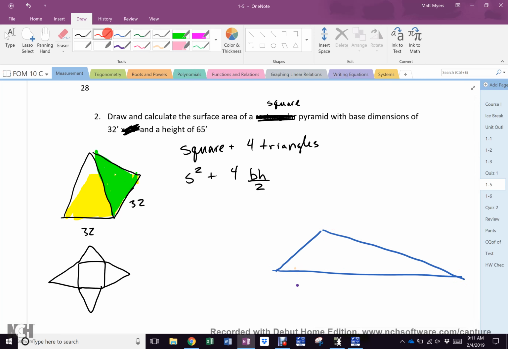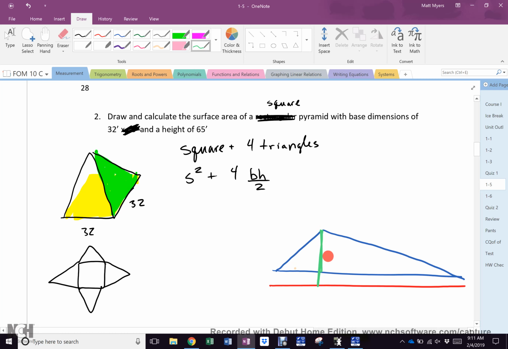Now, where do I draw the red line for the base? Where could I draw it? Right here? So where would the height be? Height is always 90 degrees from the base, isn't it?